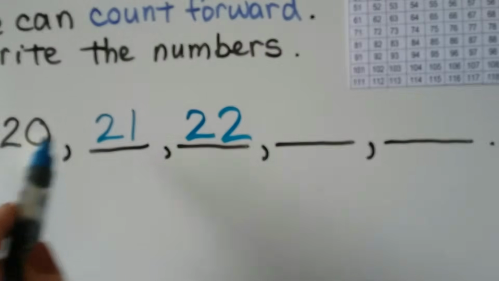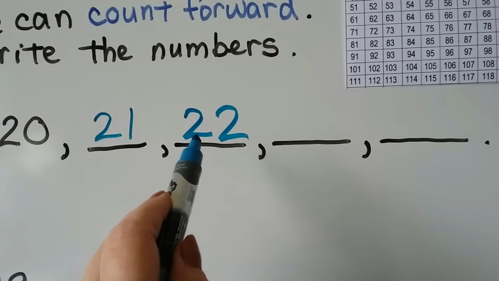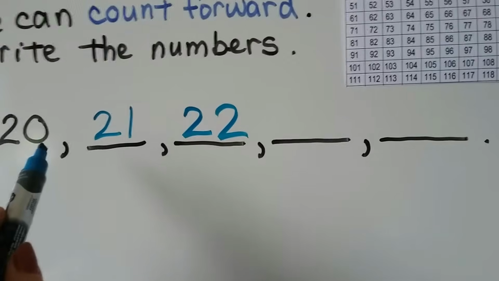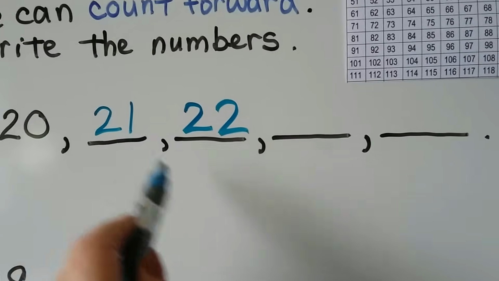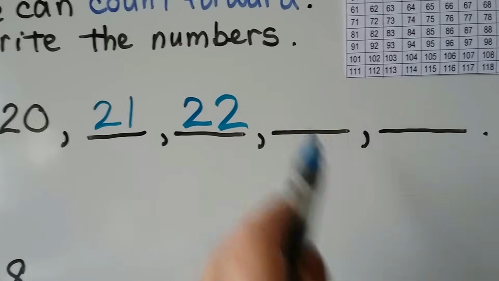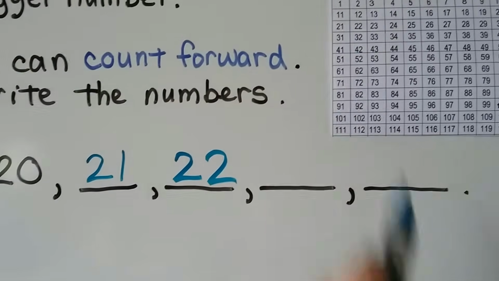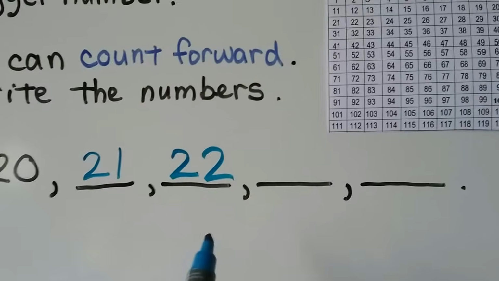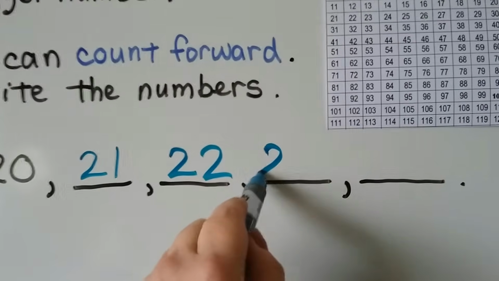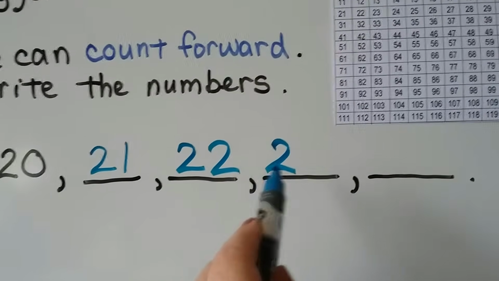So all the numbers have a 2 in the tens place, don't they, so far? And look what the ones place is doing. 0, 1, 2. So do you know what would go here? You could use the 100 chart, or you could use the pattern. It's going to start with a 2, because we're in the 20s.